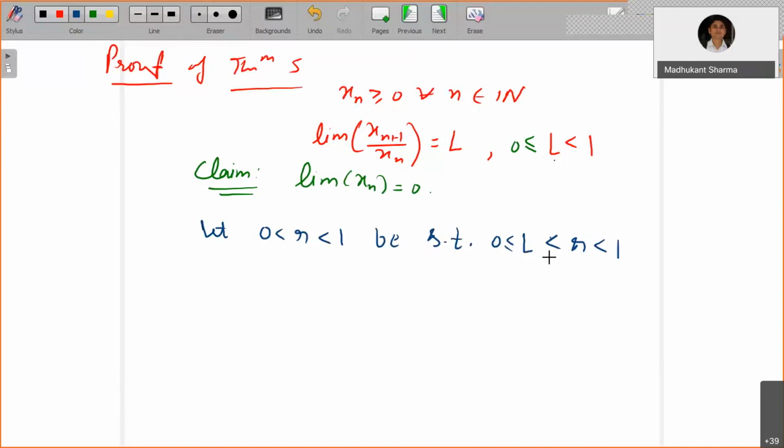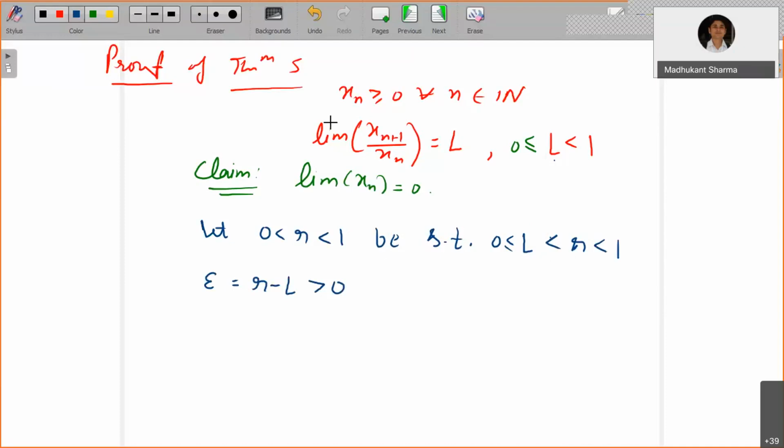This is one of the important things here, because if L is 0, we can't say anything right now. So let L be less than R. So we can define epsilon equal to R minus L. It is strictly greater than 0.